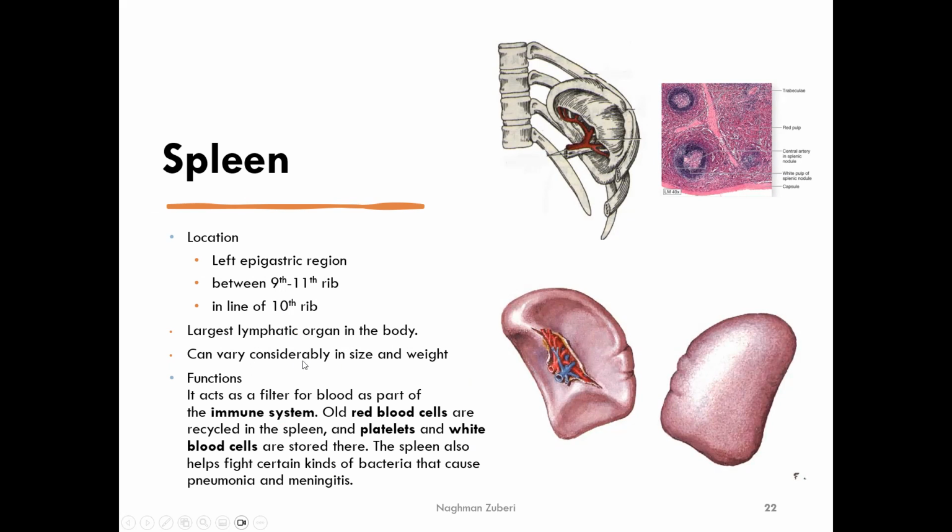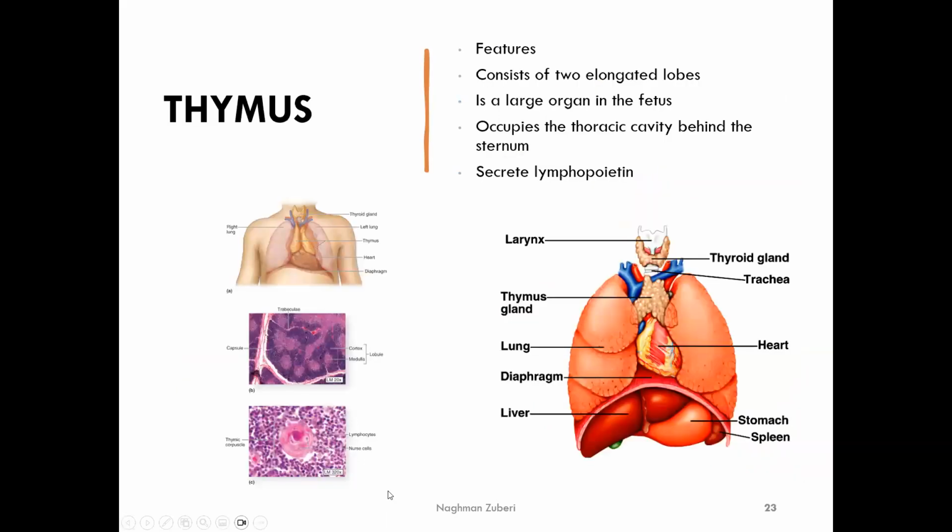It can vary considerably in size and weight, and it acts as a filter of blood as part of the immune system. Old red blood cells are recycled in the spleen, and platelets and white blood cells are stored there. The spleen also helps fight certain kinds of bacteria that cause pneumonia and meningitis.